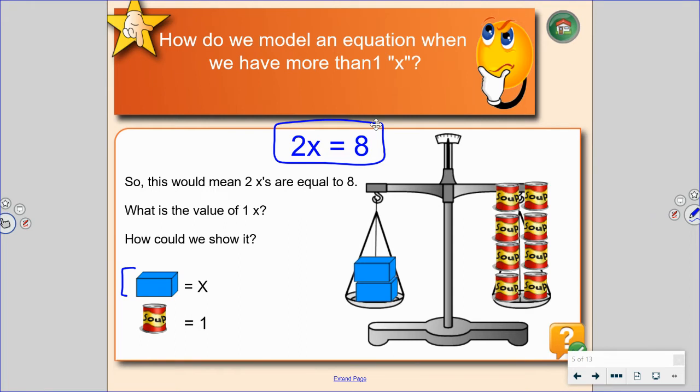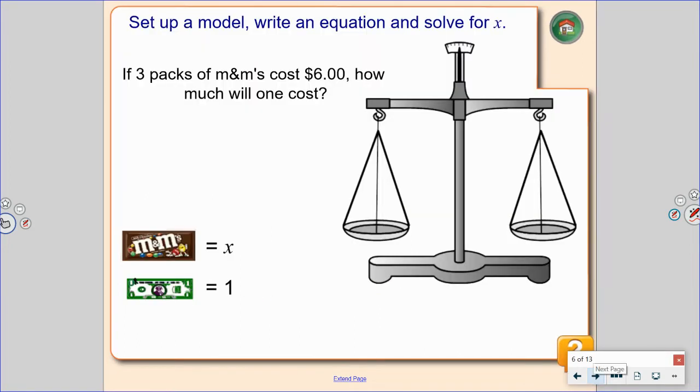And as you can imagine, you can use your little algebraic sense to say, well, look, if 2 of those blue boxes are equal to 8 soup cans, then each of those boxes is equal to 4. That's how we would model it, ladies and gents, by just simply splitting it into groups and seeing how much each x is worth.